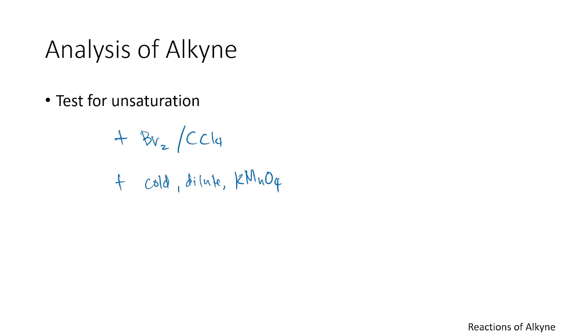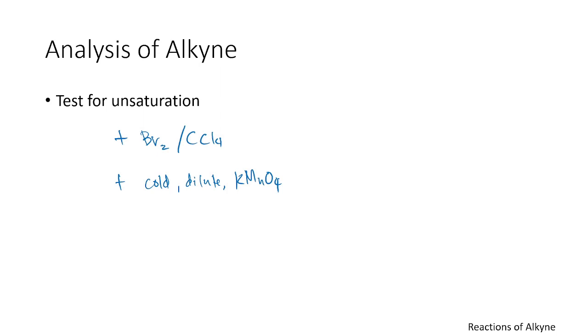So basically, kapag hindi saturated sa hydrogen yung ating organic compound, hindi magkakaroon ng reaction, magiging negative na reaction natin. So for the bromine and the carbon tetrachloride, we will have a discoloration of the red-orange color of bromine. Mawawala yung kulay ng bromine natin.